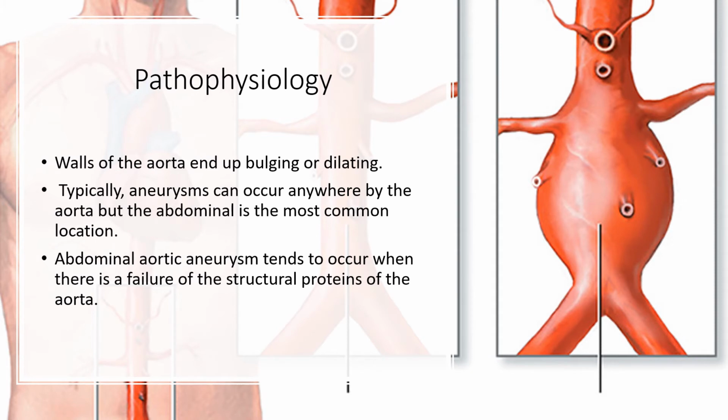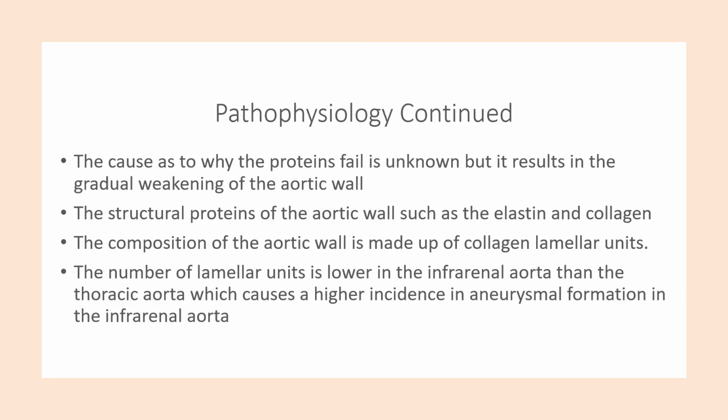Pathophysiology. It occurs when the walls of the main blood vessel that carries blood away from the heart, also known as the aorta, end up bulging or dilating. Typically, aneurysms can occur anywhere in the aorta, but the abdominal is the most common location. Abdominal aortic aneurysm tends to occur when there is a failure of the structural proteins of the aorta. Pathophysiology continued.